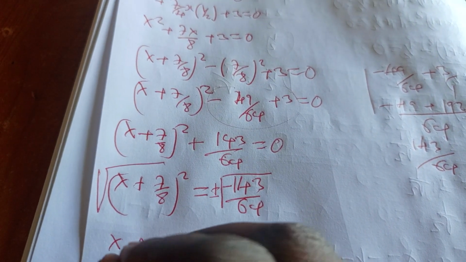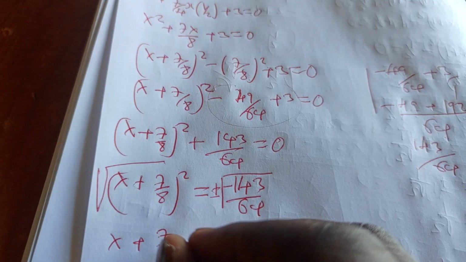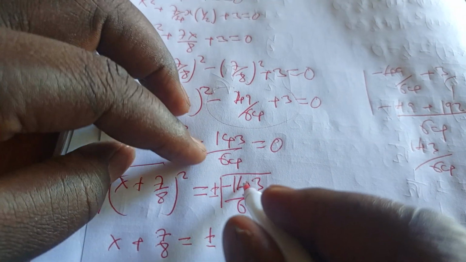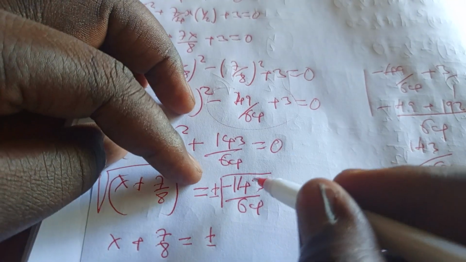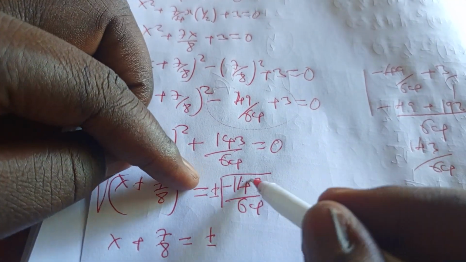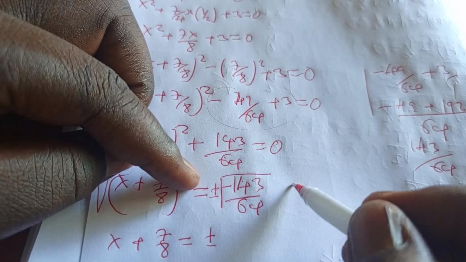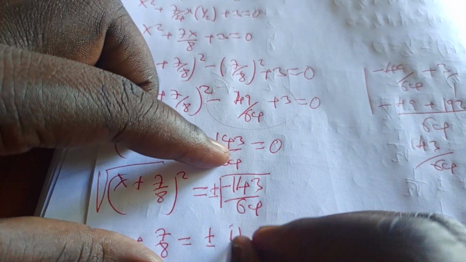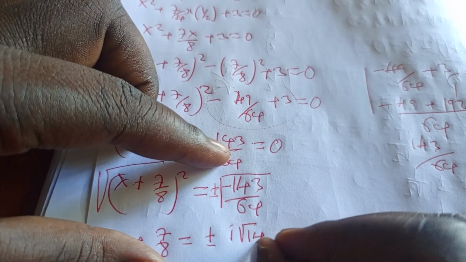So x plus 7 over 8 is equal to positive and negative. This one has no real square root, so, remember what I did in the previous question, since here it is the same as times negative 1, this one on top will be i, the root of 143.